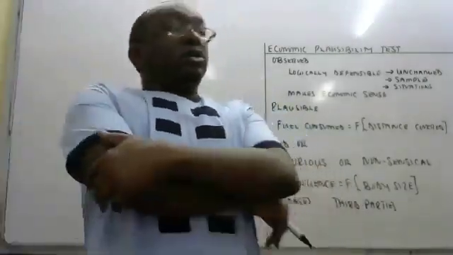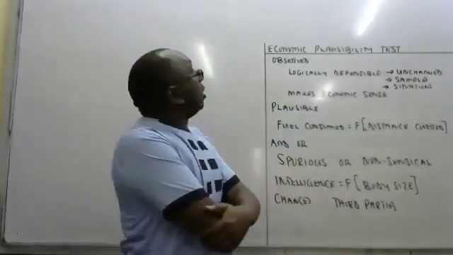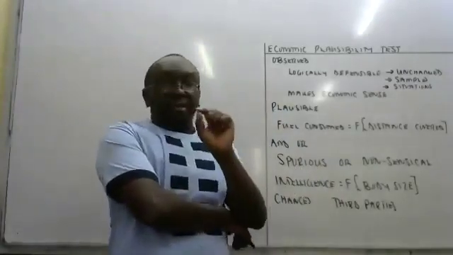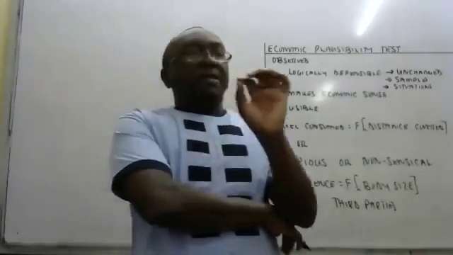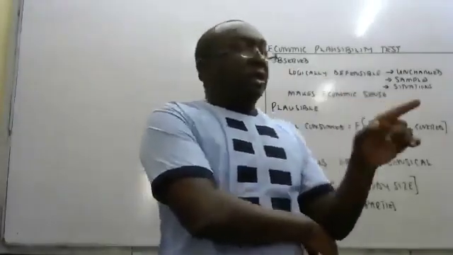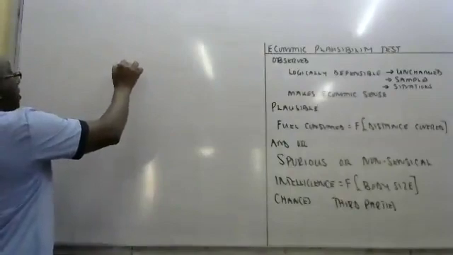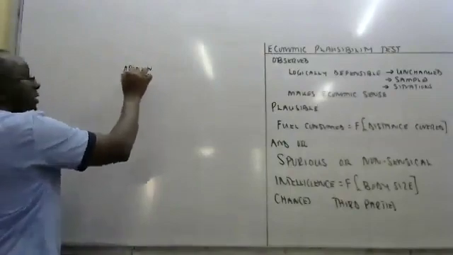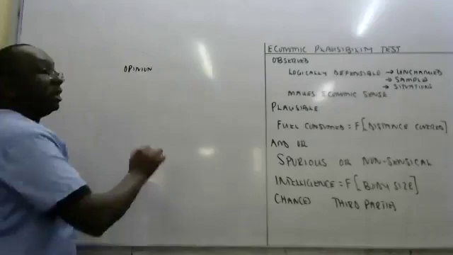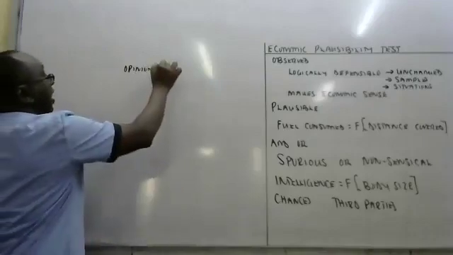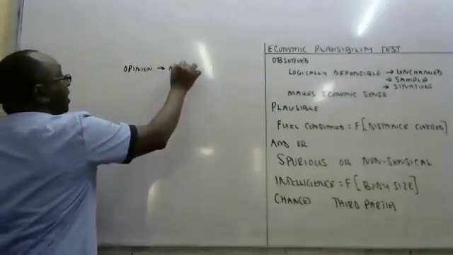Yeah. So that is what we call economic plausibility. Now, what happens in general life? I told you the other day that when you see a person, immediately your mind forms what? An opinion. That opinion determines the action that you take.